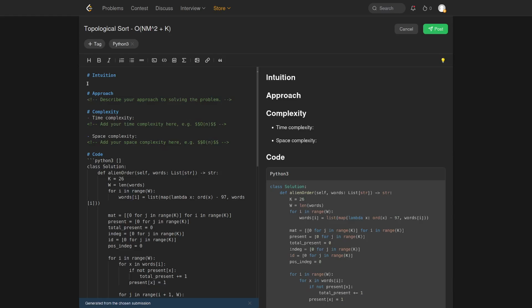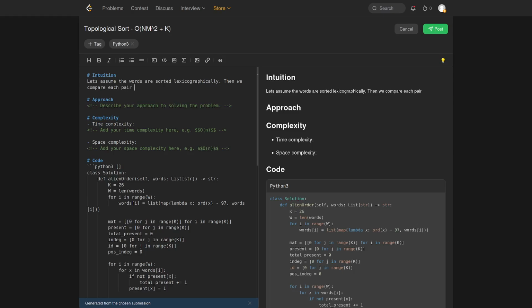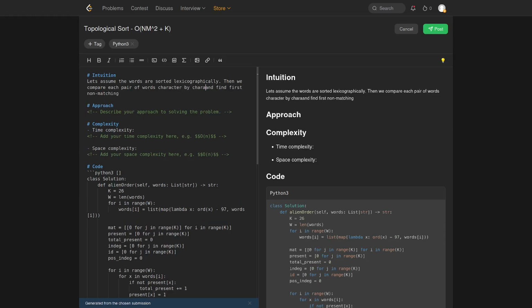Okay, so let's assume the words are sorted lexicographically, then we compare each pair of words character by character and find the first non-matching position.